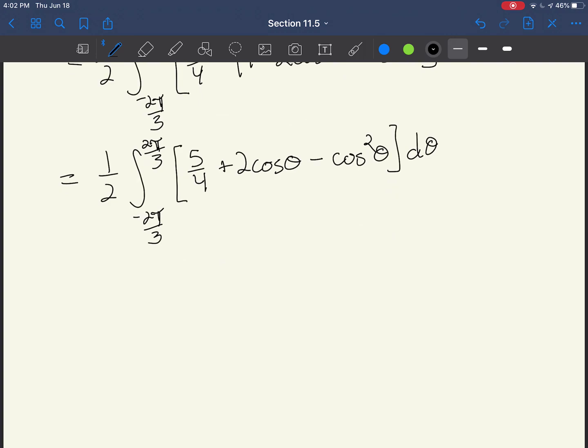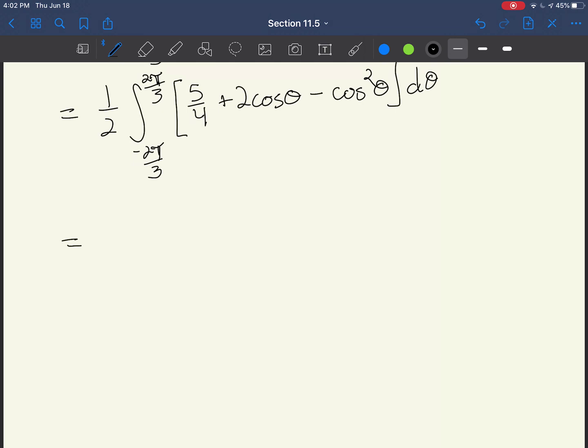Distribute the negative sign to plus 2 cosine theta, and then minus cosine squared theta. We can integrate 5/4 and 2 cosine theta. To integrate cosine squared, we have to do the half angle formula again.